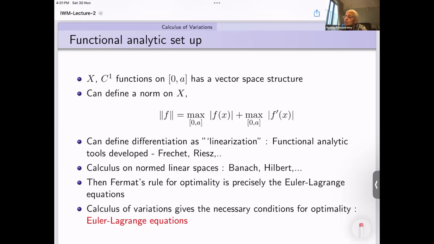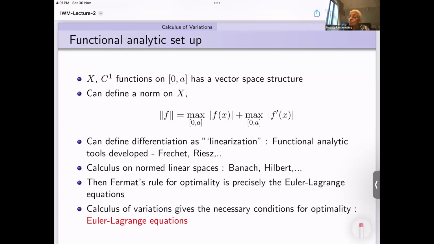And so once you had the notion of derivative, a lot of tools were developed, all functional analytic tools. Fréchet and Riesz, this is the early 20th century, there was a strong development of activities in this direction: calculus in non-linear spaces, Banach space, Hilbert space.